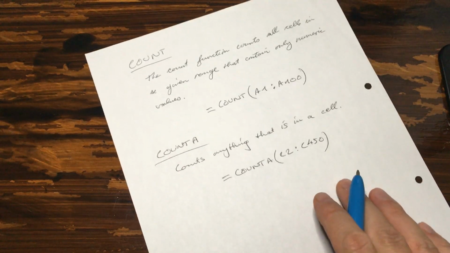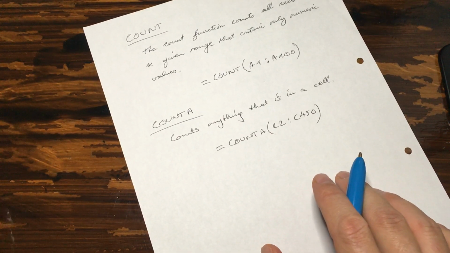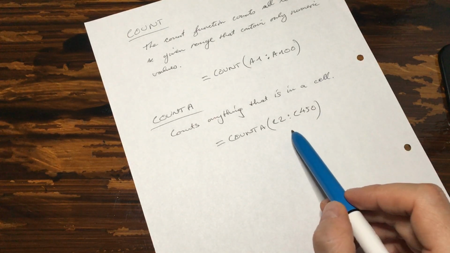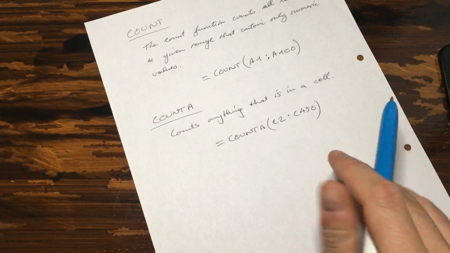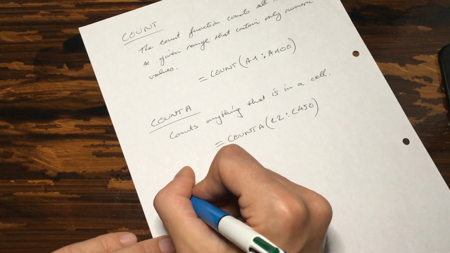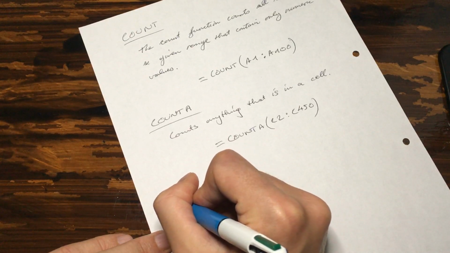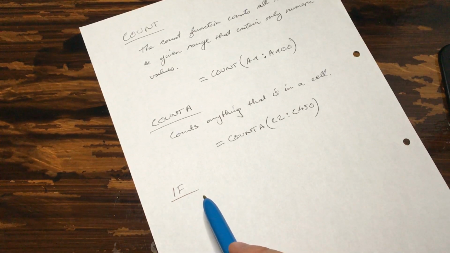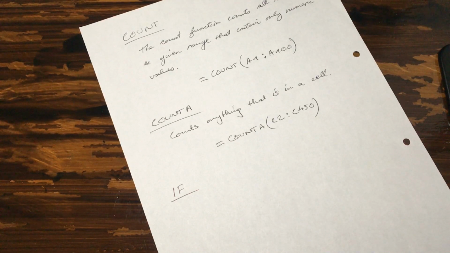Now the next one is a lot more complicated, and you've already done this one. This one will be where you're doing the IF. This IF is a really important function, which is to do with programming, so it's the same as when you've done Scratch, and you may have done some programming in Python, or if you haven't yet, you will, and you will do this if in those languages.